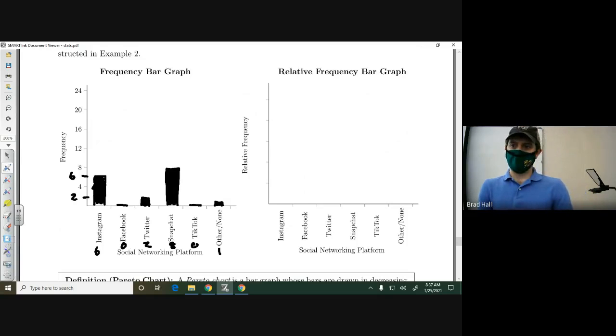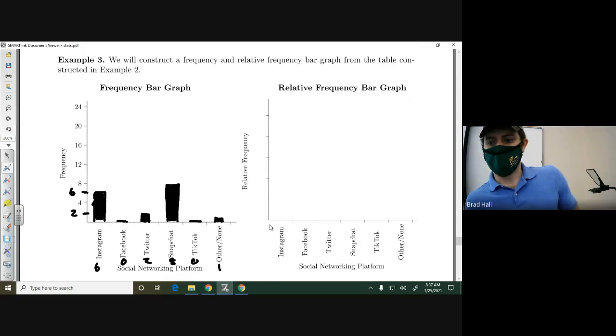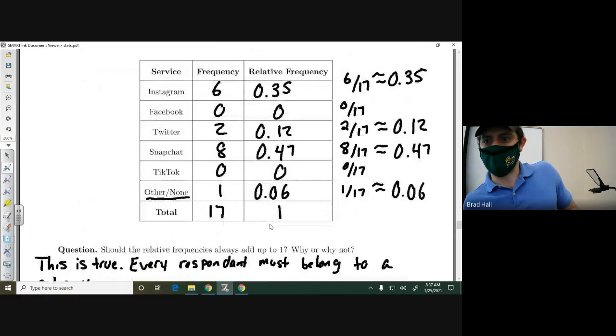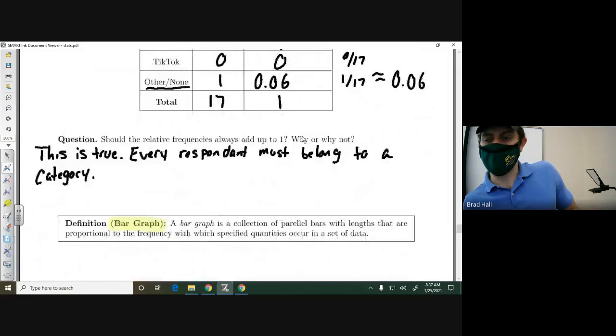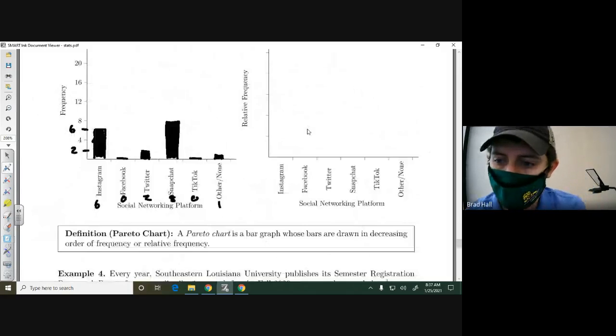And so now, writing this as a relative frequency bar graph. Notice the y-axis is not labeled because I had no idea what to expect in terms of the distributions. So let's figure out the values: 0.35, 0.12.